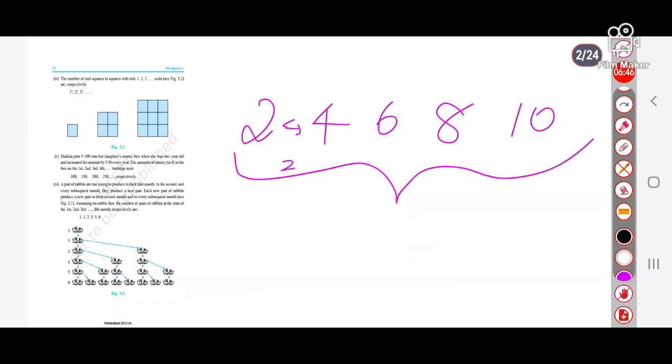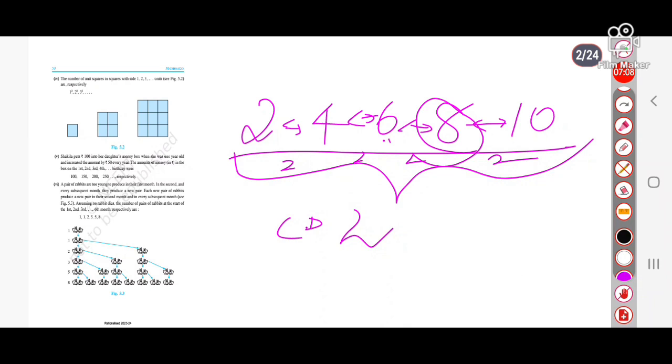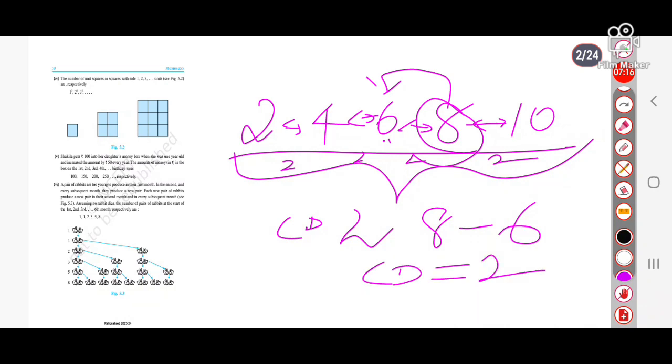4 minus 2 is 2, 6 minus 4 is 2, 8 minus 6 is 2, 10 minus 8 is 2. So the same common difference is nothing but a term which we can choose in an AP. Any term you choose in the AP, minus the term before it, will give you the value called the common difference. For example, take 8, minus the term before it in your AP sequence, that is 6, will give you the common difference, right?